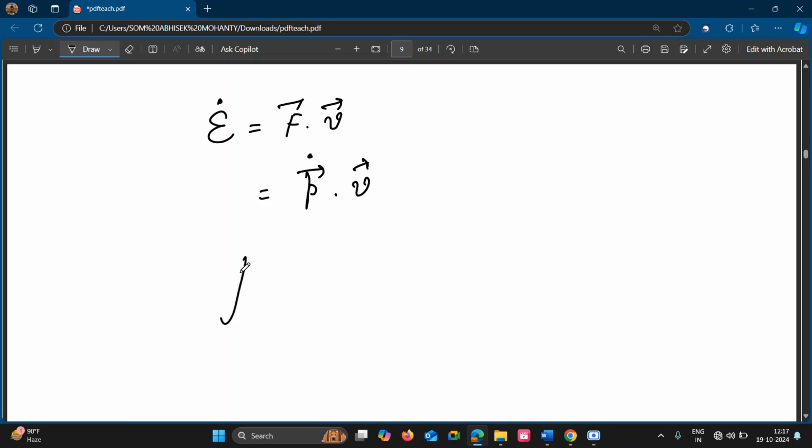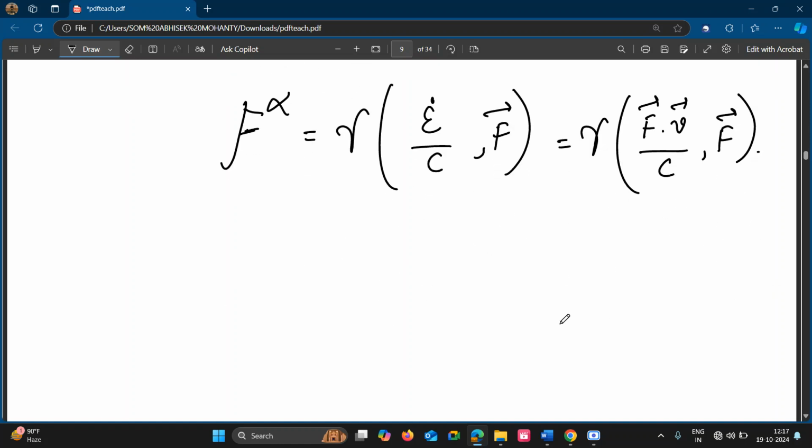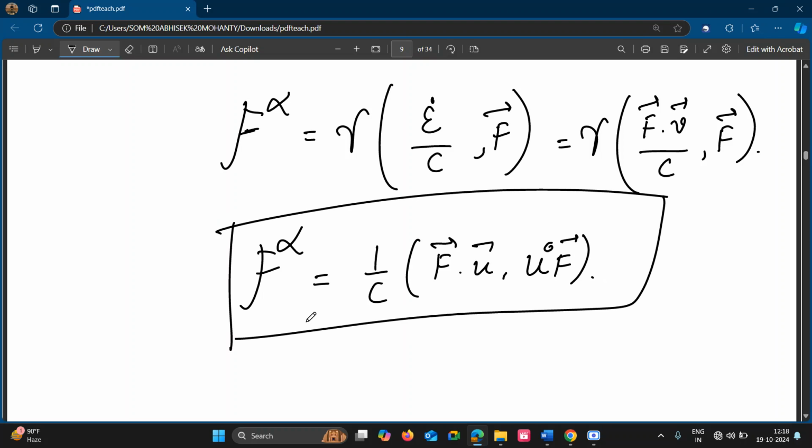So F alpha, I can write as gamma of E dot by c, F vector, which is equal to gamma F dot v by c, F vector. Since the components of four-velocity are u naught equal to gamma c, I can write F alpha is equal to 1 by c F dot u, and this is u naught F. Okay, so just make it a box.